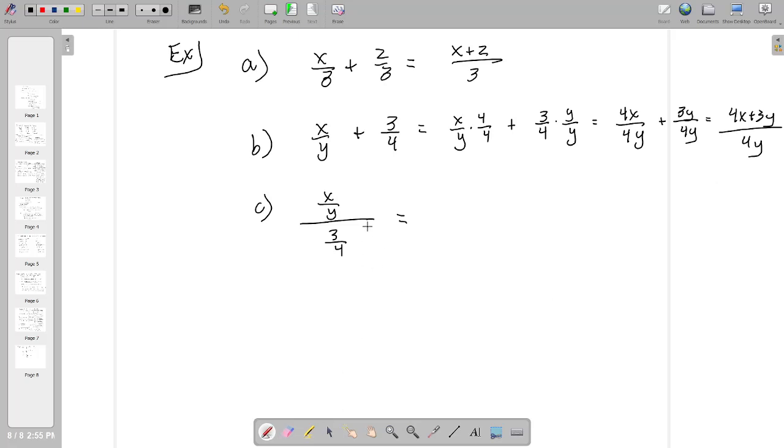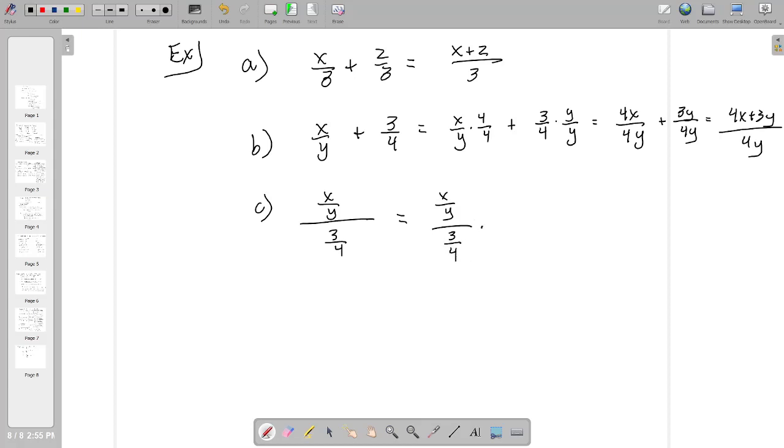Now, the second one, or part C, is written a little bit differently than how I wrote it in the properties. You have one fraction divided by another fraction. I want to show you why we invert the divisor and multiply. So x over y divided by 3 over 4.